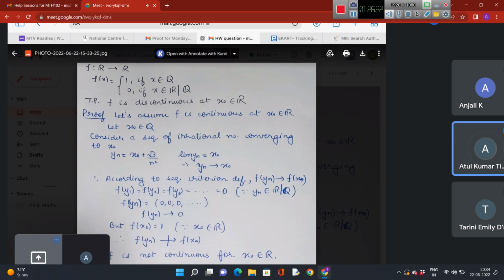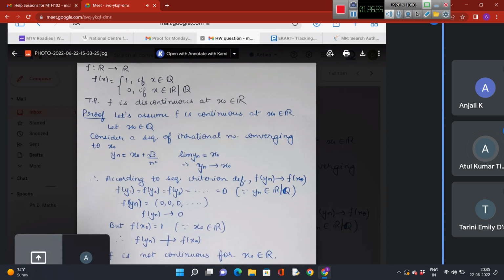Can we not say that since |f(x) minus 1| is less than epsilon, x has to be a rational number? So f(x) is lying between 1 minus epsilon and 1 plus epsilon.